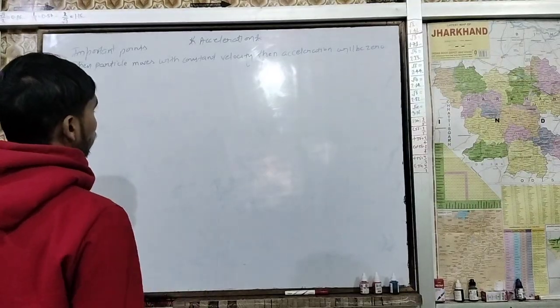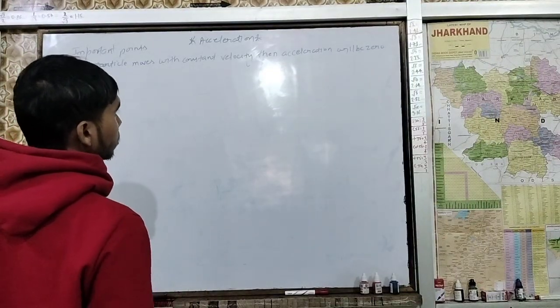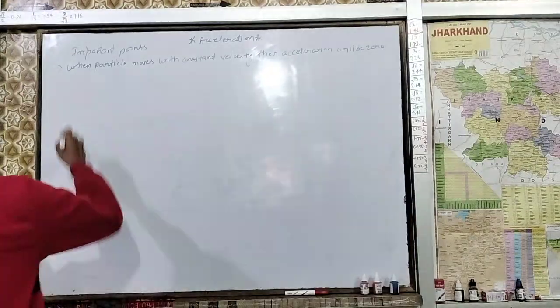Velocity is fixed, which is a constant, and there will be no acceleration. Acceleration will be considered as 0.